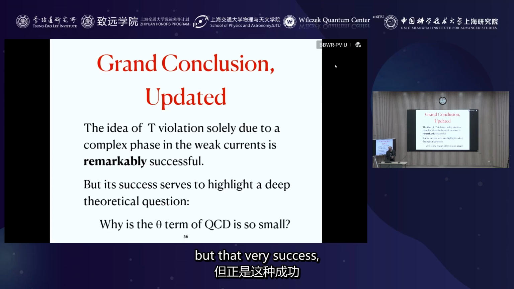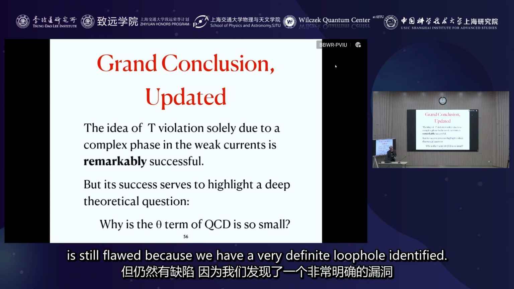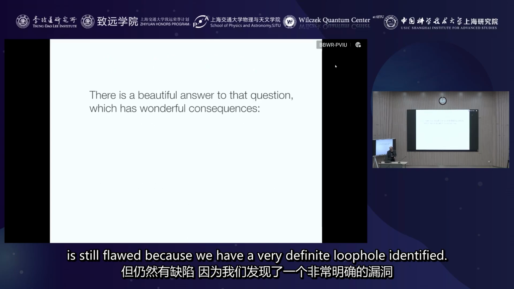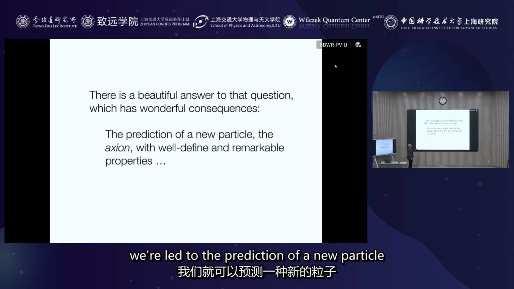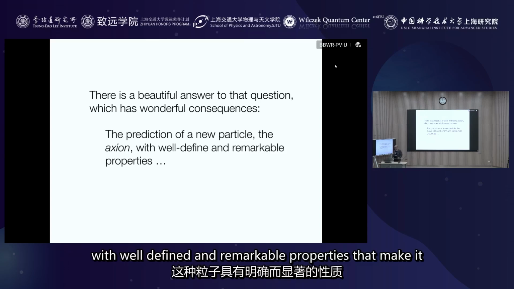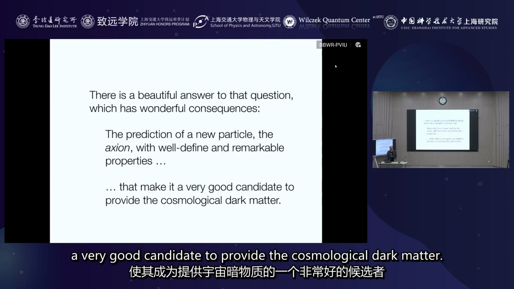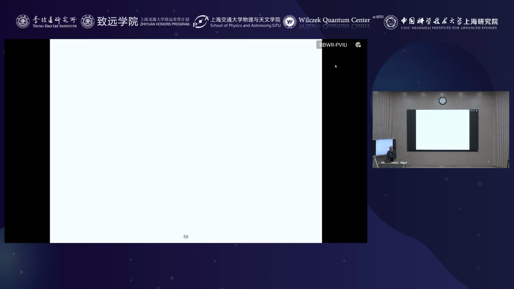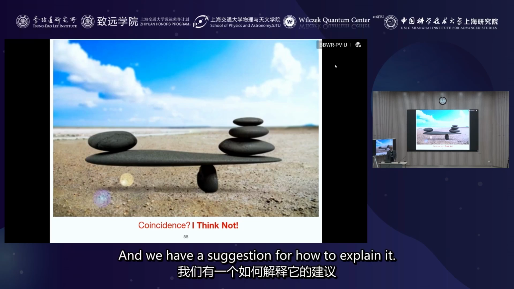But that very success, which is tantalizingly close to a beautiful completed story, is still flawed because we have a very definite loophole identified. And if we close that loophole, we're led to the prediction of a new particle with well-defined and remarkable properties that make it a very good candidate to provide the cosmological dark matter. So we have this coincidence. Think not. And we have a suggestion for how to explain it.